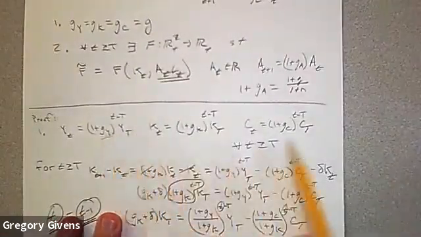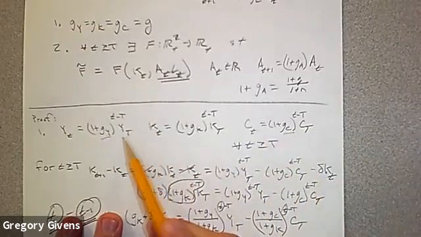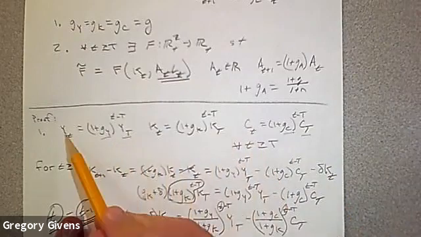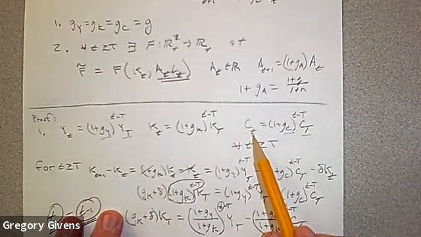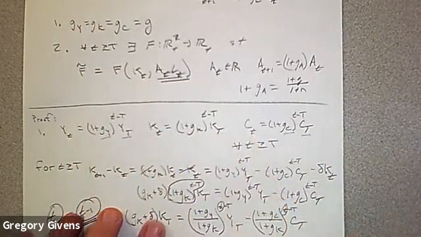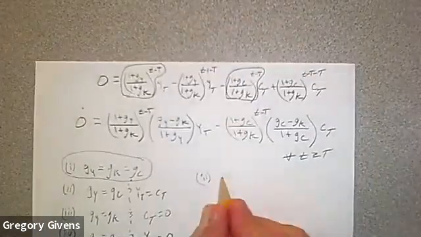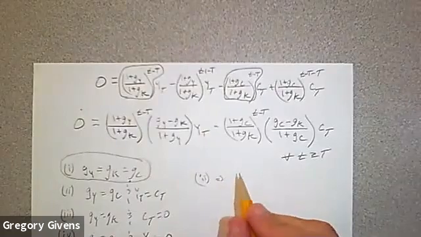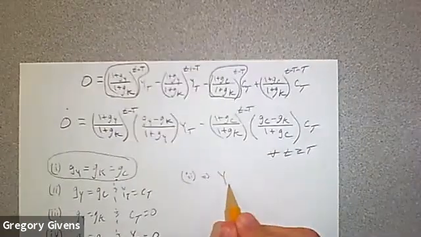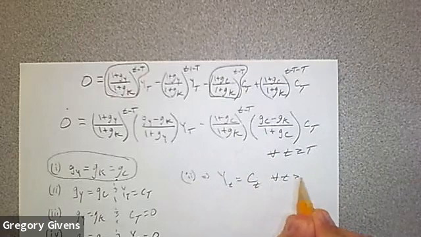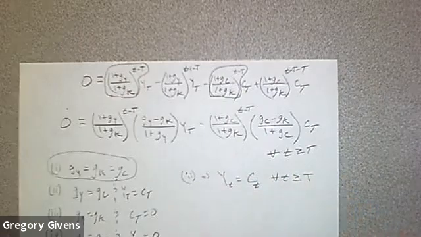If gy is equal to gc and Y cap T is equal to C cap T, then that tells us that Yt is going to be equal to Ct forever, right? So case 2 implies that Yt is equal to Ct for all t bigger than or equal to cap T.